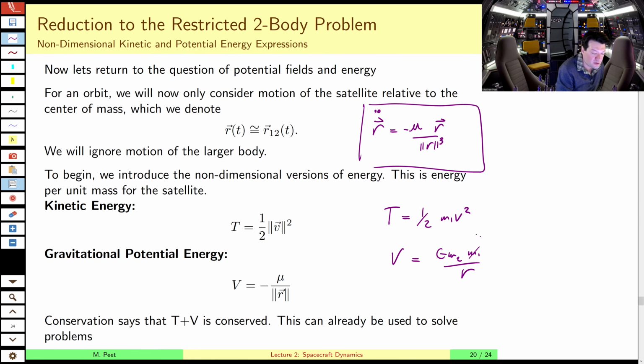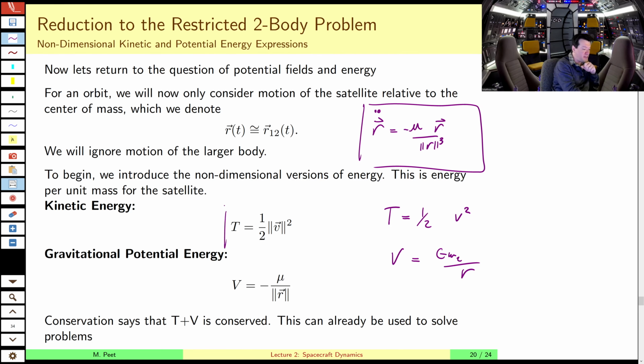And so for both of these, we're just going to eliminate mass and talk about kinetic energy per unit mass and potential energy per unit mass. If you're actually interested in the actual potential energy, you would have to multiply it by the mass, but it's not a serious issue. So we're going to make these massless, dimensionless.